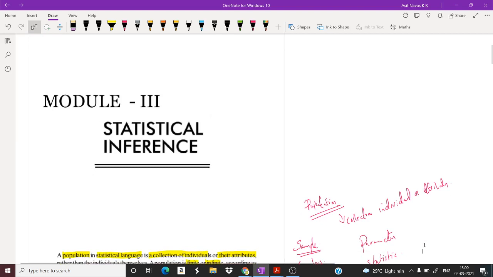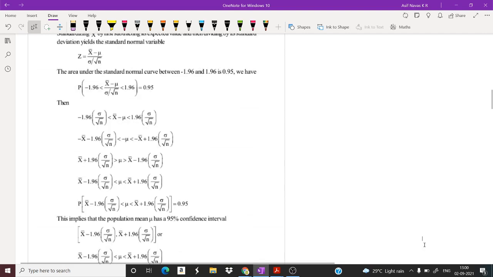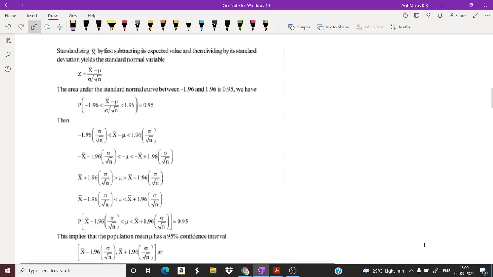Now we will define what is confidence interval. The standardization: x bar, by subtracting its expected value and then dividing by standard deviation, gives a normal distribution.